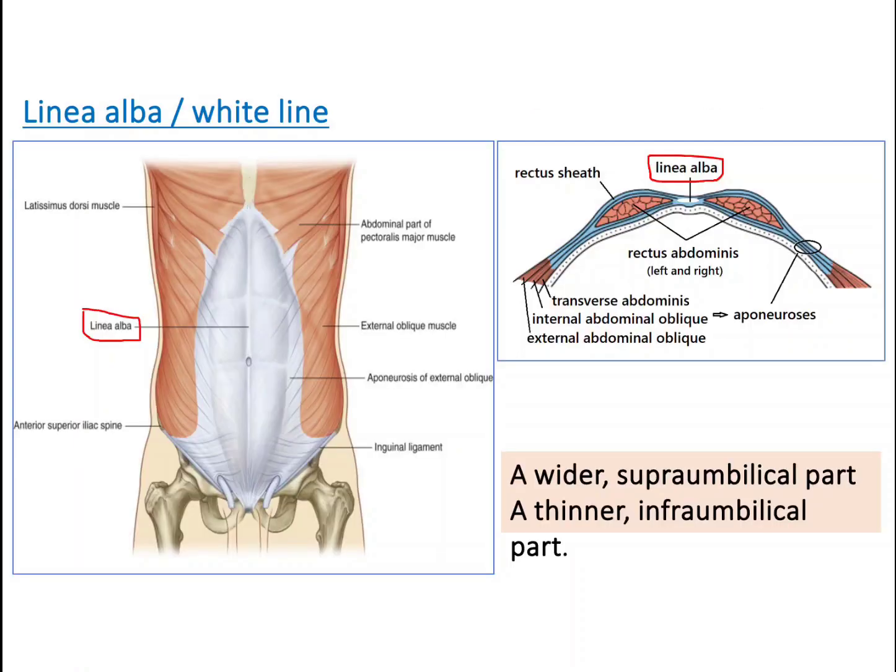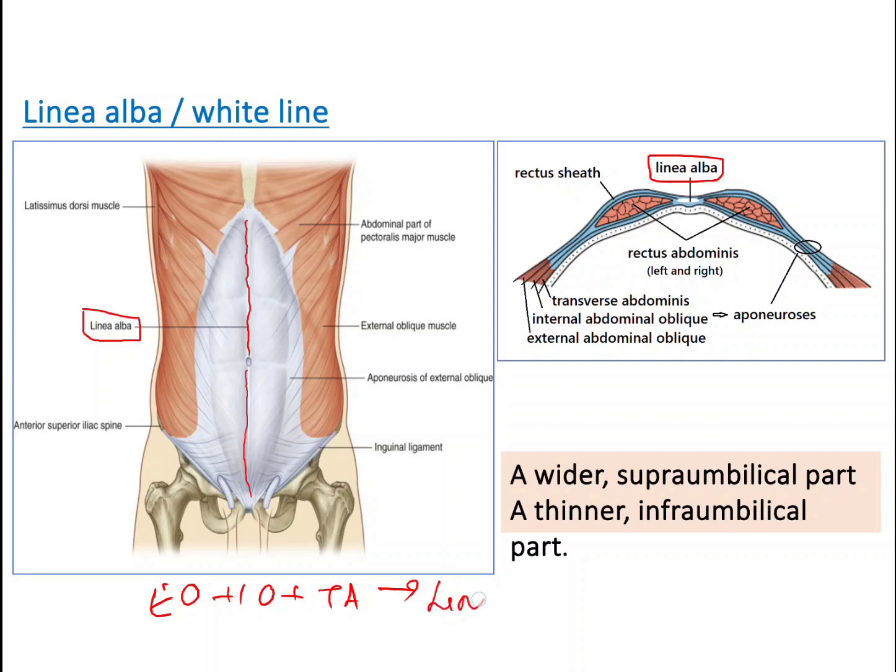Now we have already seen the linea alba. The linea alba, or the white line, is a white line running on the midline of the anterior abdominal wall. You know how it is formed? It is formed by the aponeuroses of the external oblique, internal oblique and transversus abdominis, which interlace in the midline.